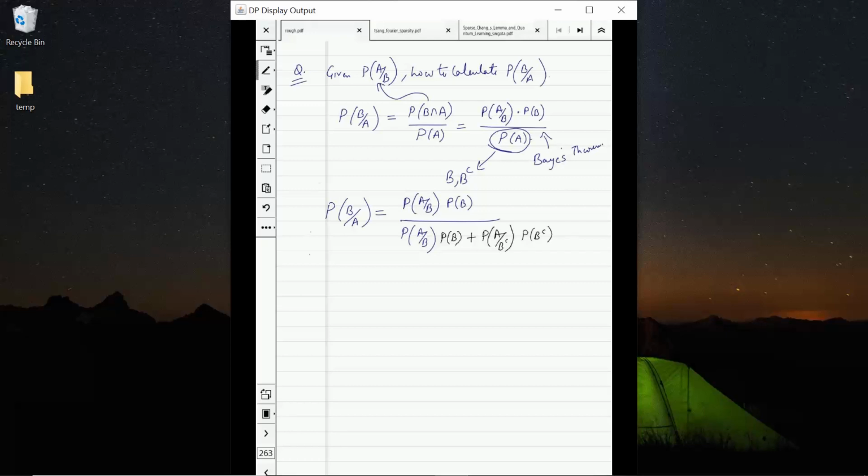This is in some sense the working version of Bayes' theorem. This is what we use most of the time. The formula is not very difficult. I would just ask you to internalize it in the sense of how we derived it instead of actually rote learning the formula. Let's see a few applications.